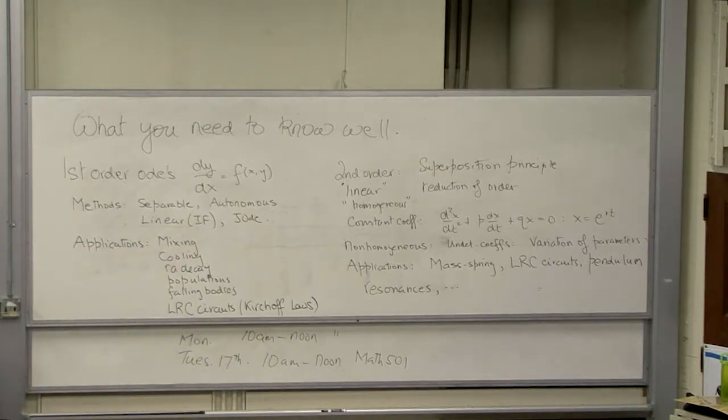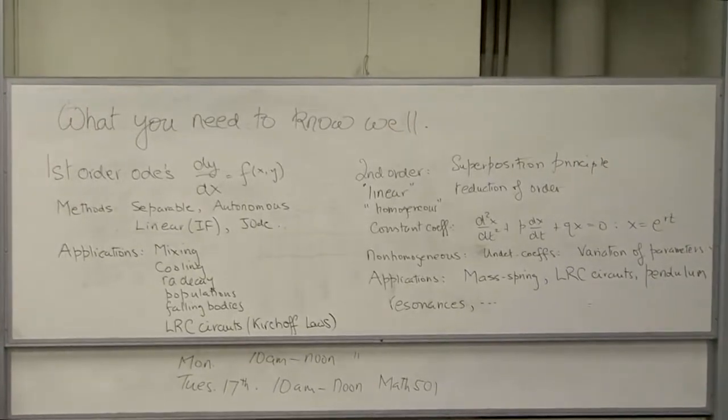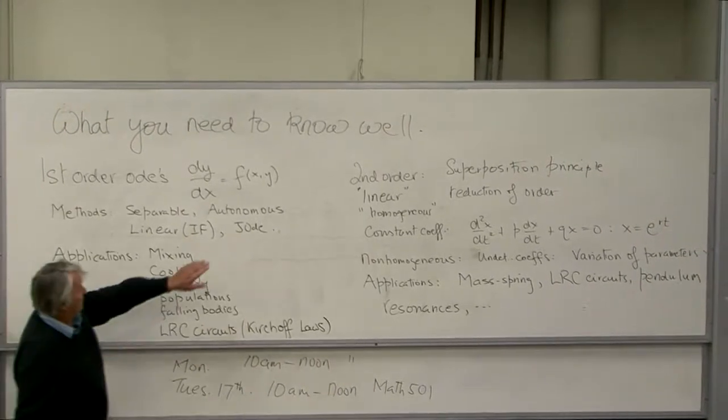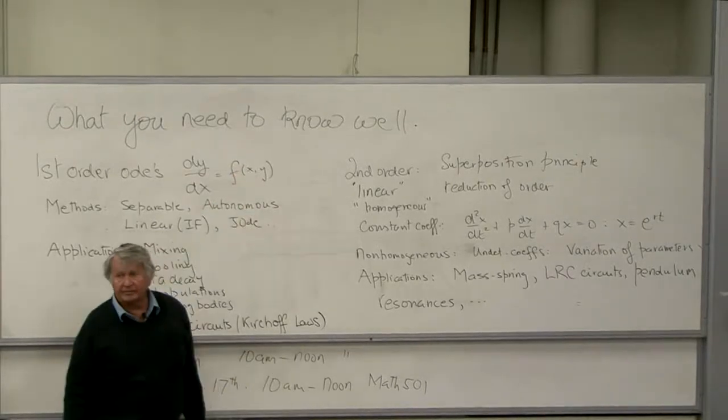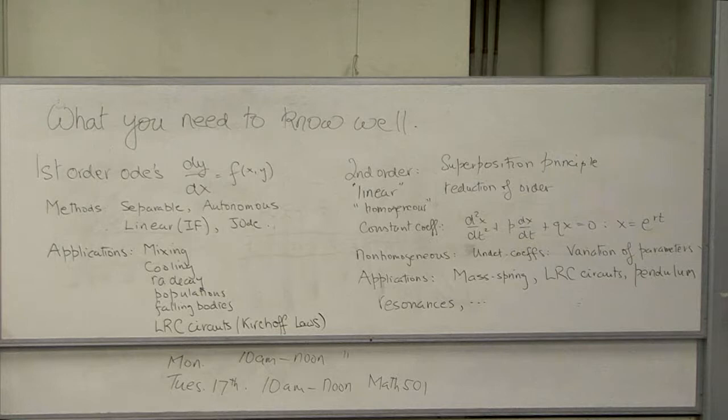In that case, you could solve it, of course, using the separable method, but you can see exactly what the solution does by simply drawing the graph of f of y, if x isn't present. And from that graph, you can argue what the equilibrium fixed points are, and you can also tell exactly if you start in any place where you will end up going.